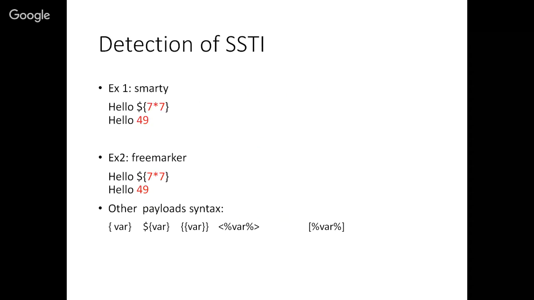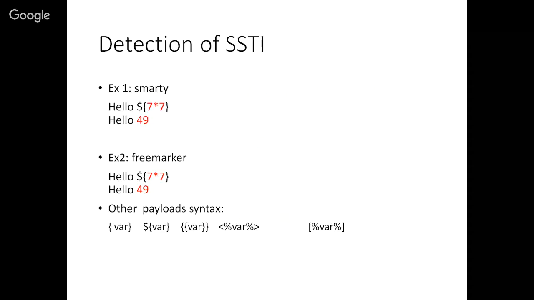Now, if you want to detect whether template injection is there or not, instead of a name, we give some simple equation inside the template. As you see, the 7 into 7 is there in the red mark, right? And outside that some braces are there.